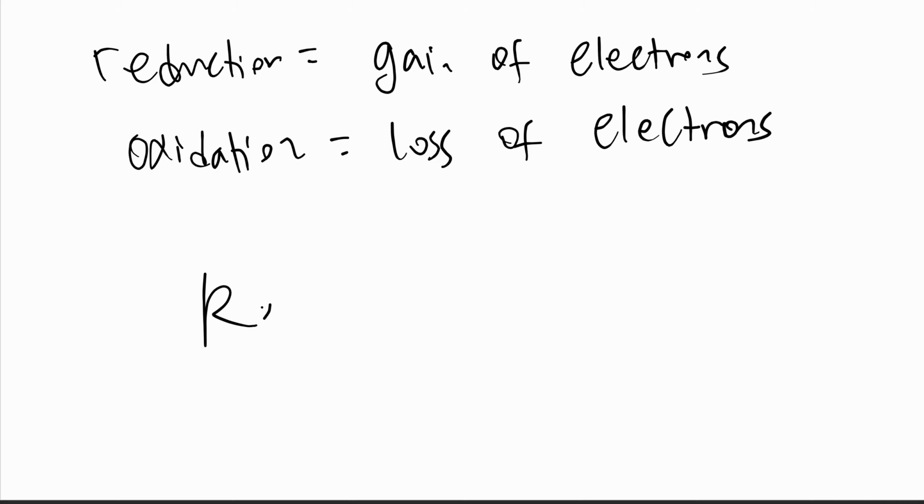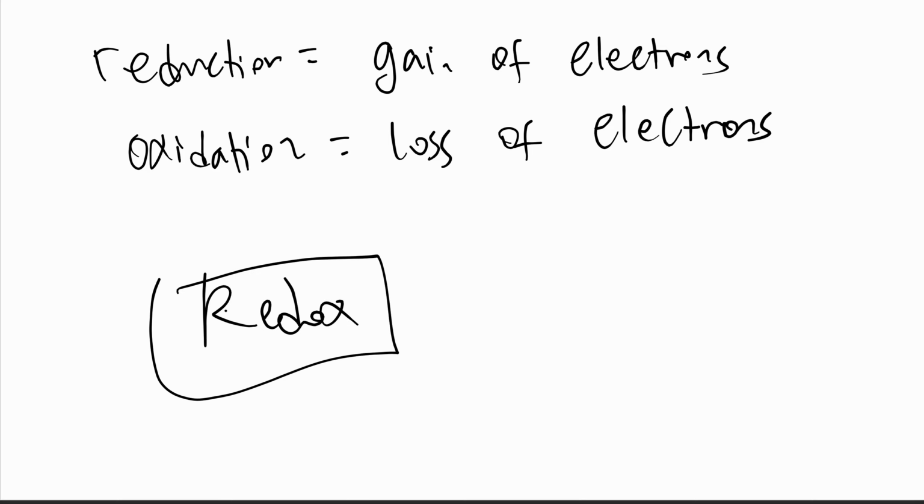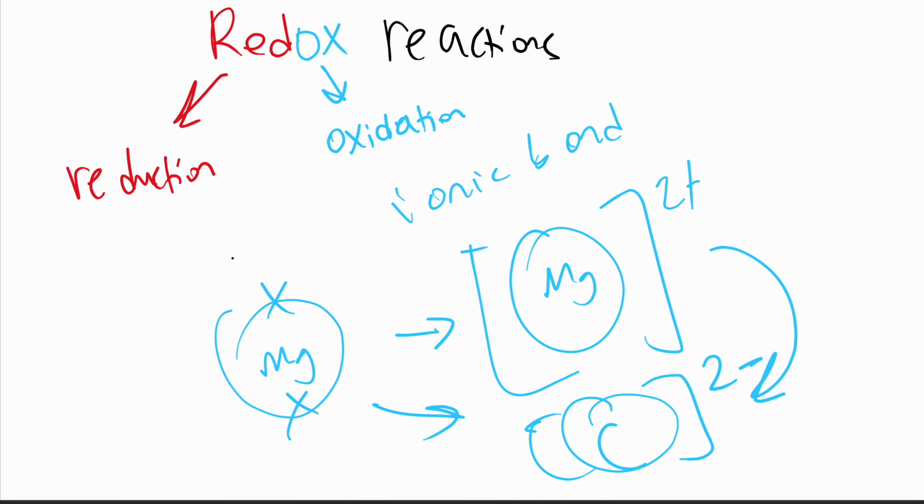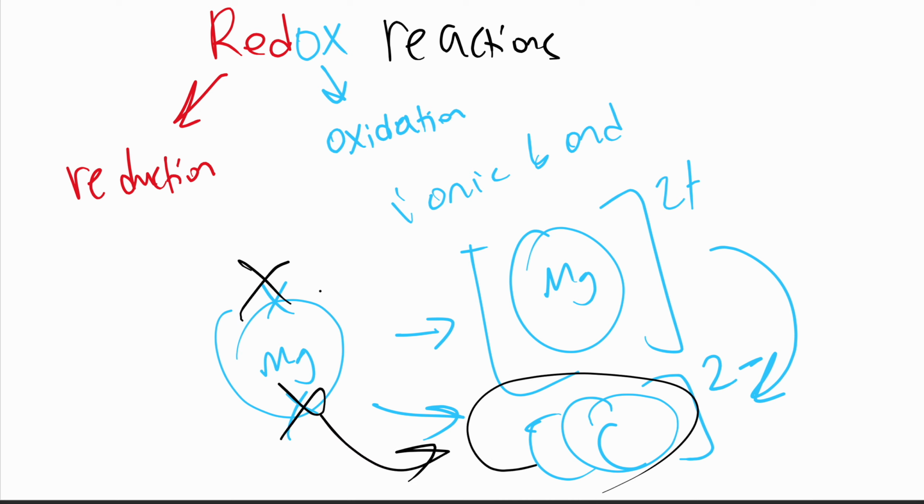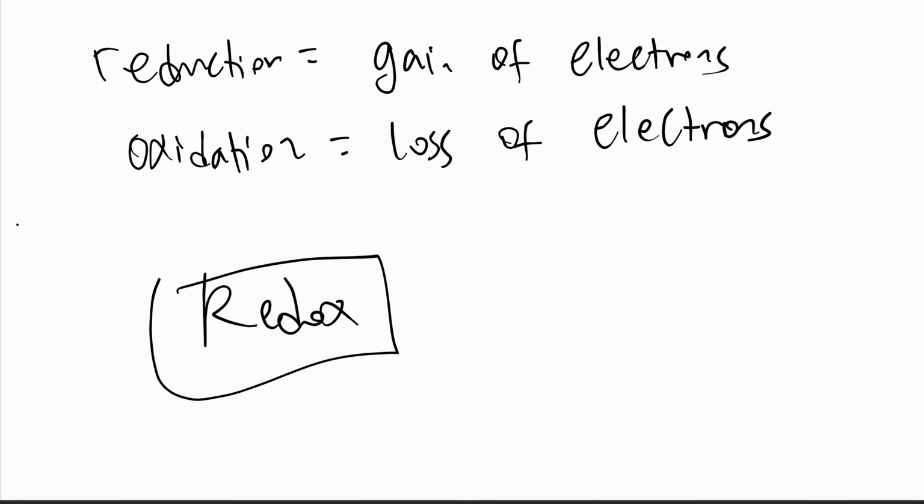So a redox reaction is when it occurs simultaneously in one reaction, like when the magnesium loses its electrons and gives them to this atom. This will be the oxidation because it's losing its electrons, and the one receiving the electrons is going to be the reduced one. The names just go opposite of what you would think.